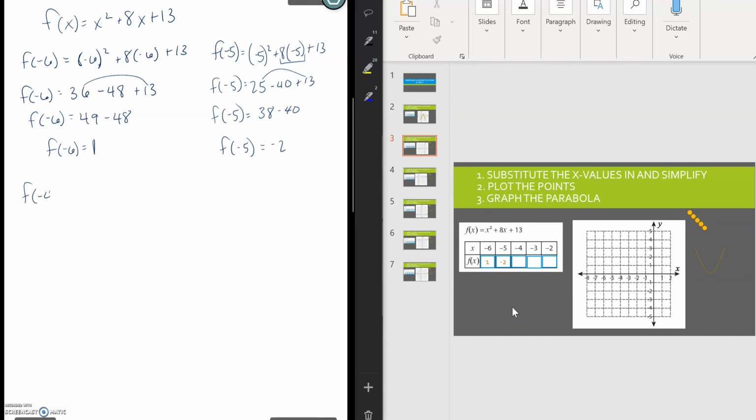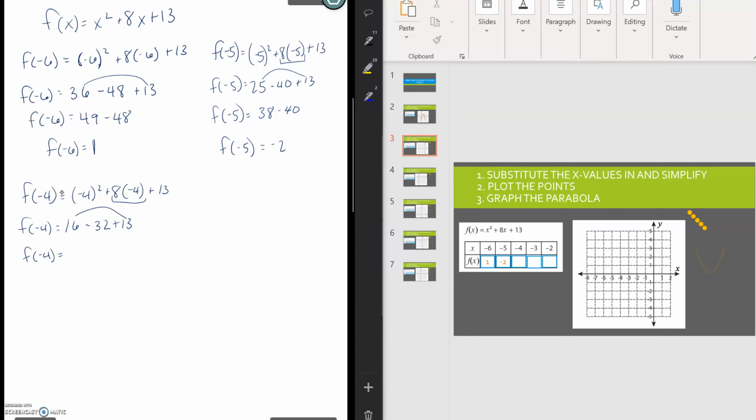Let's evaluate at -4. So we'll have (-4)² + 8(-4) + 13. (-4)² is positive 16. 8 times -4 would be -32, plus 13.